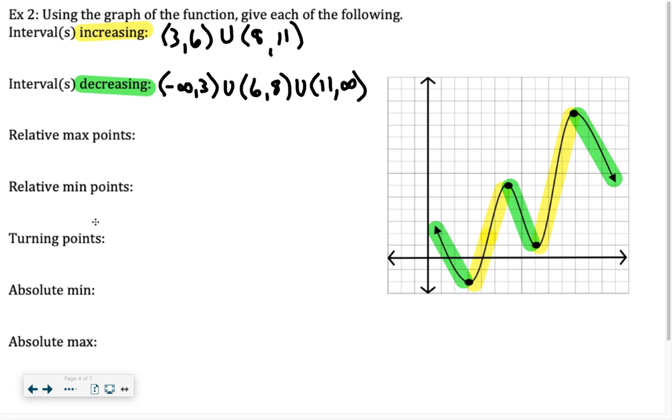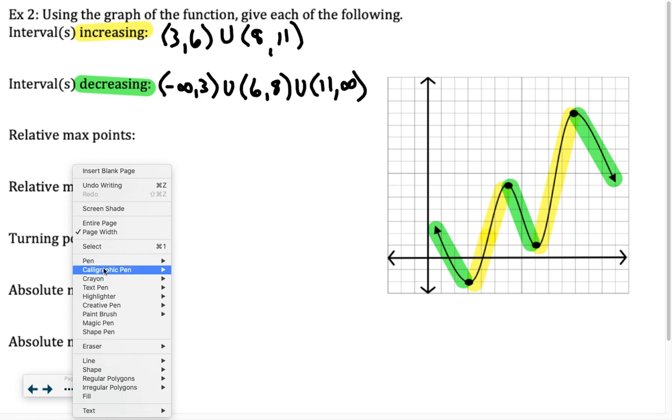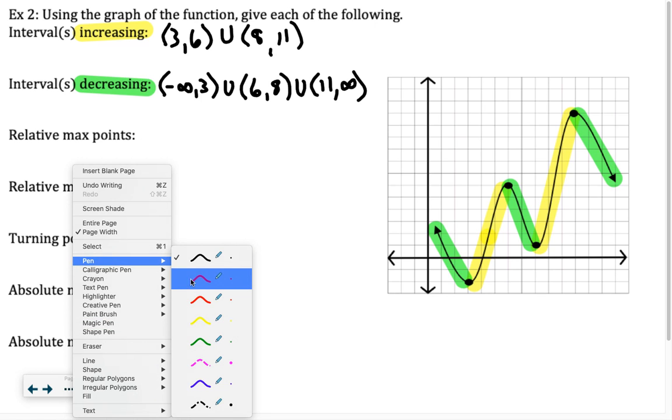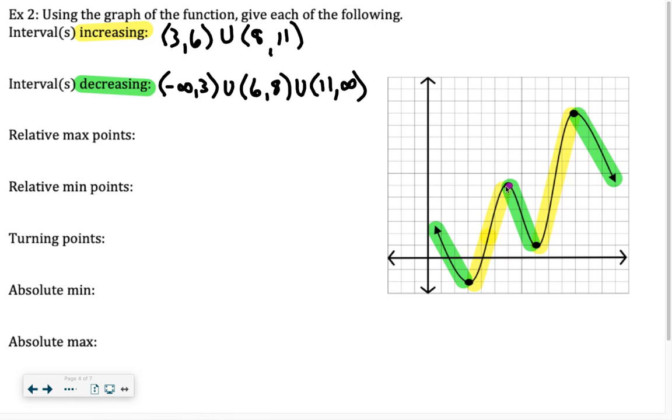Now, let's do relative mins and maxes. So maxes first, so that would be right here. Let me get a different color. Okay, so right here and right here for my relative maxes.